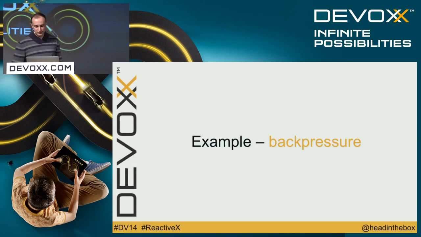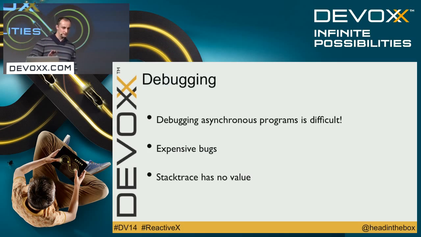So the last thing that I want to quickly talk about, because we don't have a lot of time left, is debugging. And again, debugging is not really an Rx-specific problem. Not that debugging is a problem, but debugging asynchronous programs is really difficult.